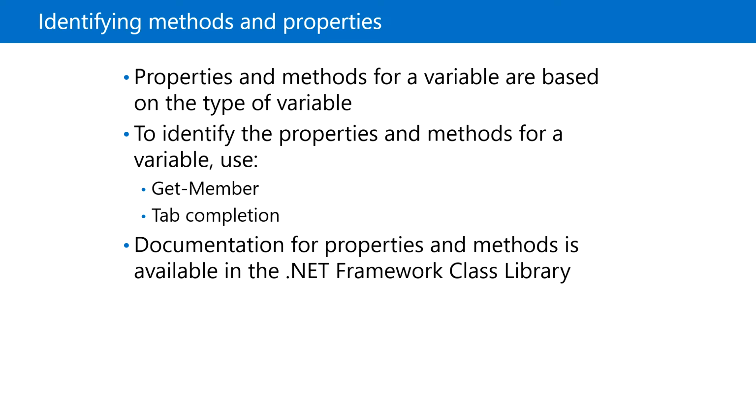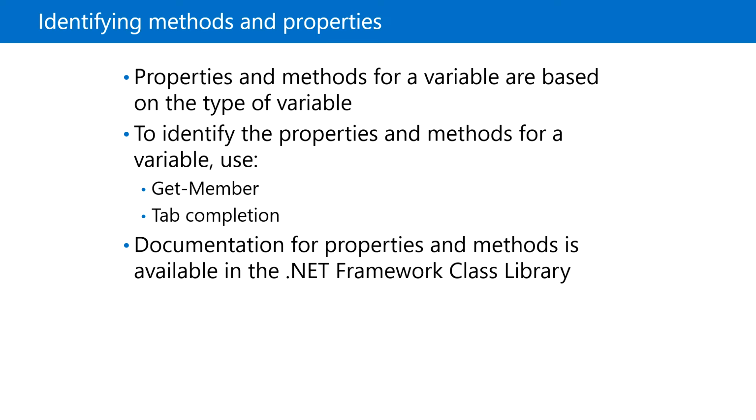If the variable is a date time type, then the properties and methods for date time will be available. The easy way to find the methods and properties available for a variable is to pipe the variable to the get-member cmdlet, because it displays all the available properties and methods for the specific variable that we are looking for.